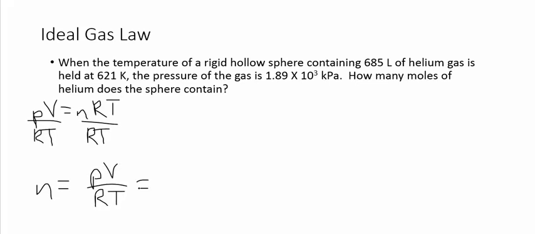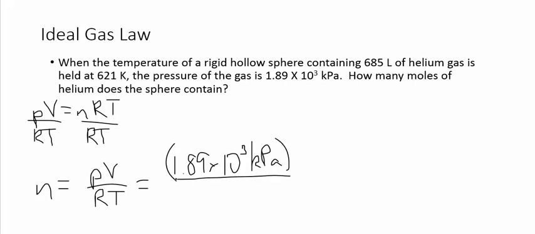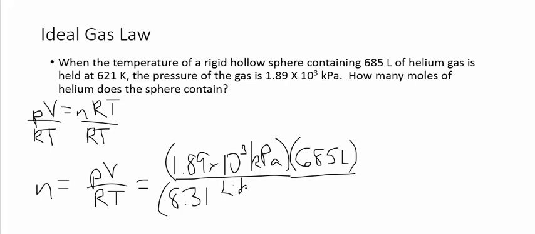Plug in the variables that we know. Pressure, 1.89 times 10 to the third kPa. V, 685 liters. Divide all that by R, which is 8.31 liters kilopascals per mole Kelvin.